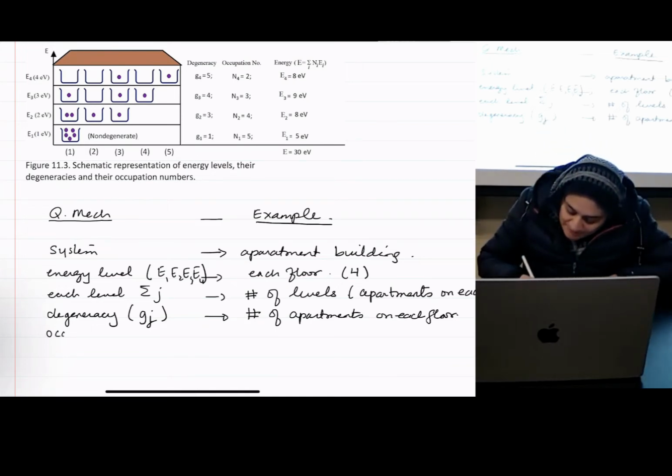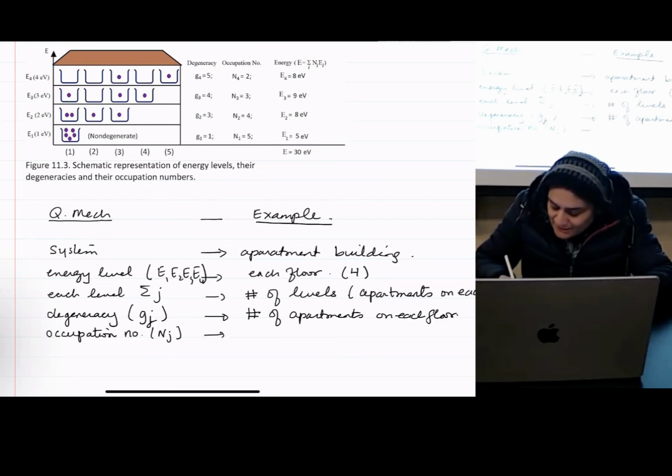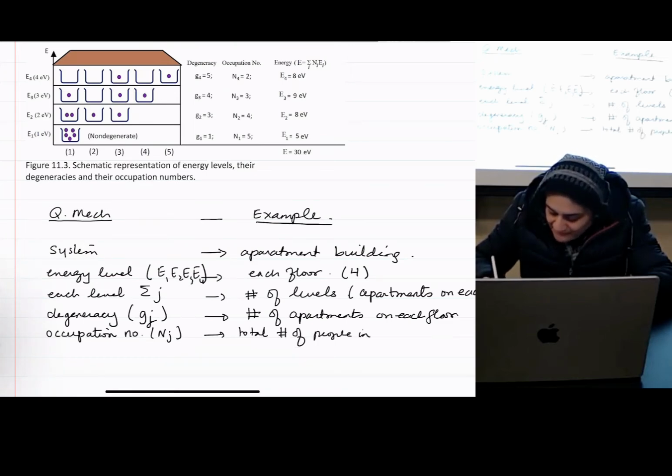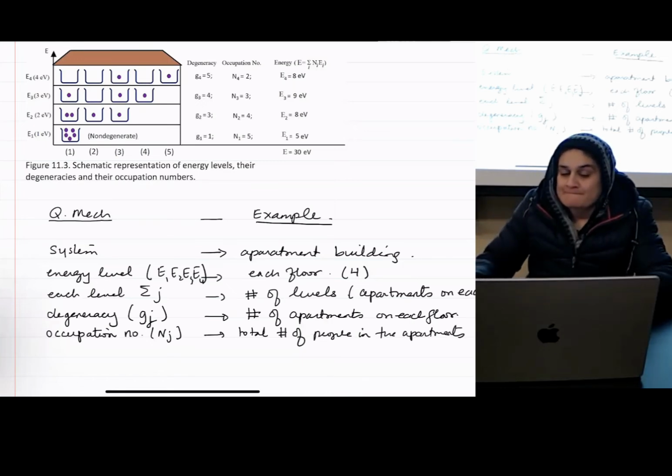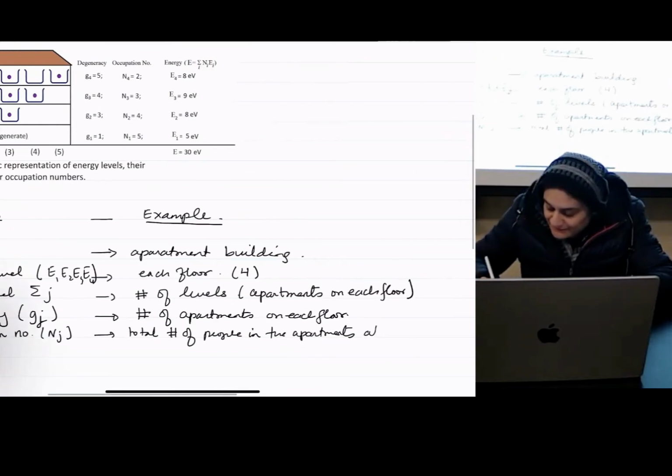Occupation number, which is N_j, is the total number of people in the apartments at each level.